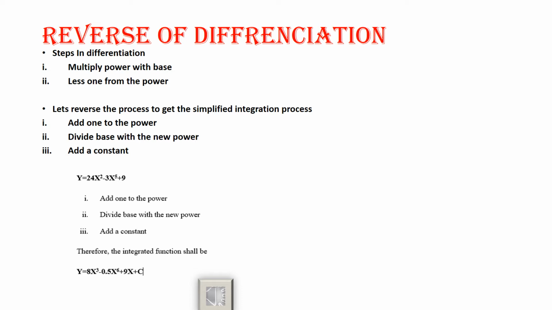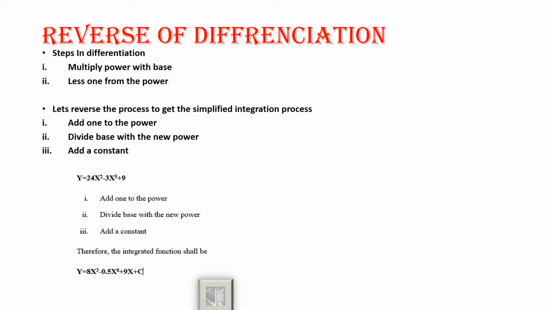In the process of learning differentiation, the first step is multiply the power with the base. Then secondly, you less 1 from the power. So if we had to do the reverse of this process of differentiation, our last step becomes the first now. The part of less 1 from the power becomes our first step, but we do the reverse.